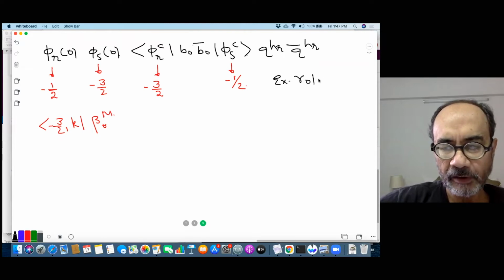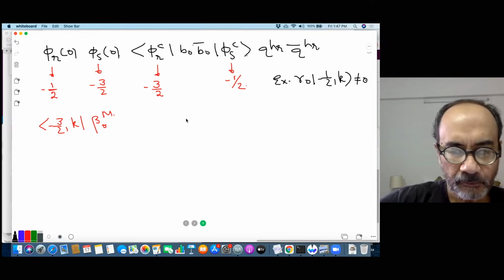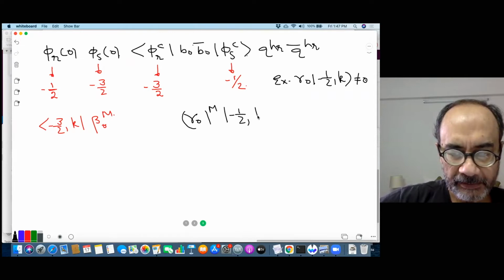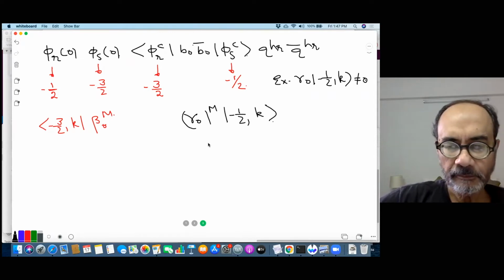Gamma 0 on minus half k is non-zero. So for this we can now build basis states by taking gamma 0 to the power m on minus half k. And now you see that there's no problem with ghost number, because beta 0 ghost number can compensate for gamma 0 ghost number.